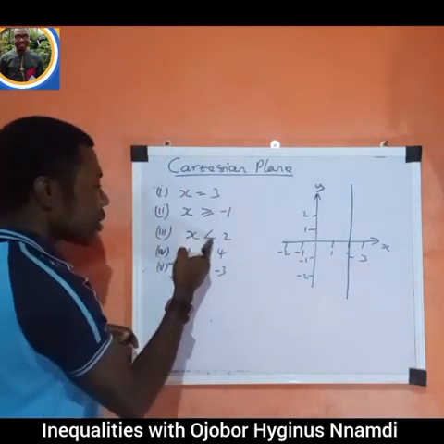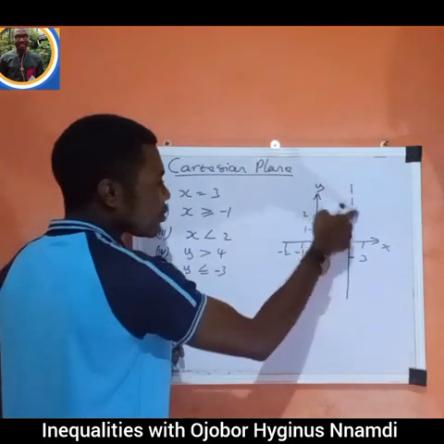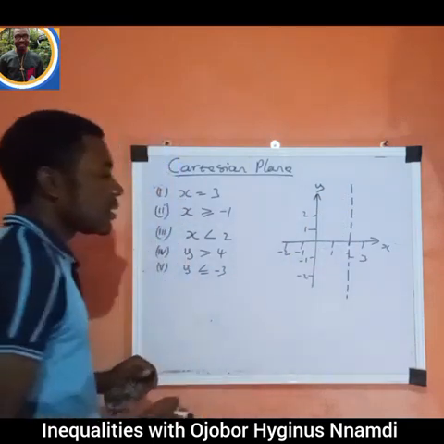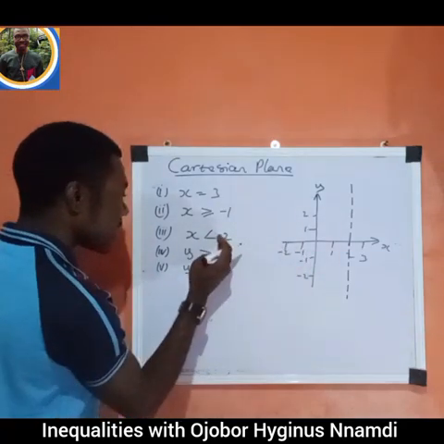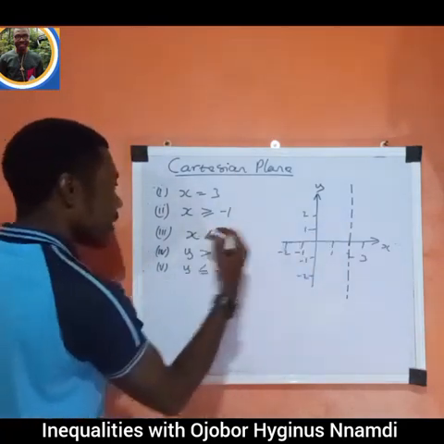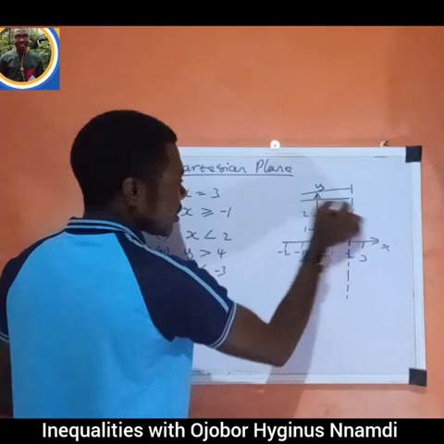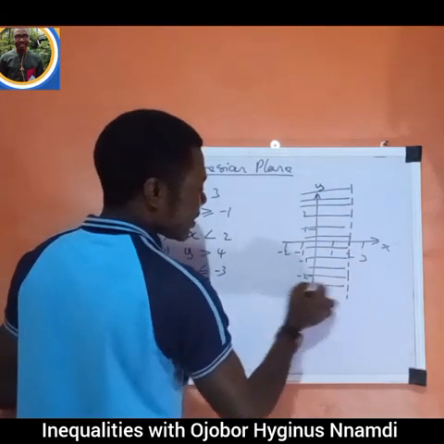And then, because this is less than, it doesn't have equal to, this line is going to be a broken line to indicate that it's not equal to like the first one. This is just less than. So because of that, it is a broken line. And less than is to the left, while greater than is to the right for x. So we are going to shade to the left. This is how we represent it on a Cartesian plane.